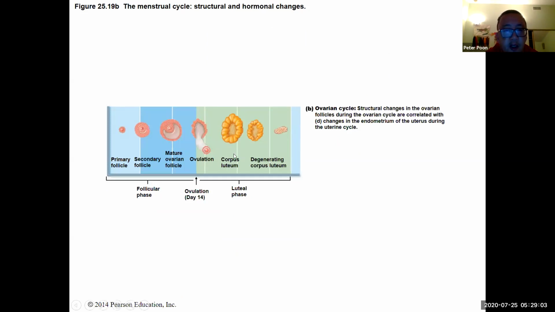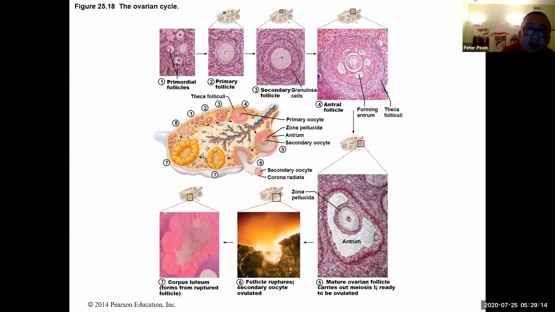So here's the corpus luteum. When the corpus luteum dies eventually, that little white thing becomes a corpus albicans, a white body, a little white scar.